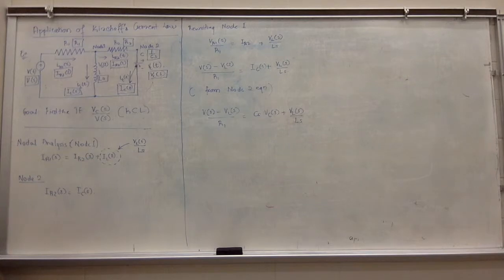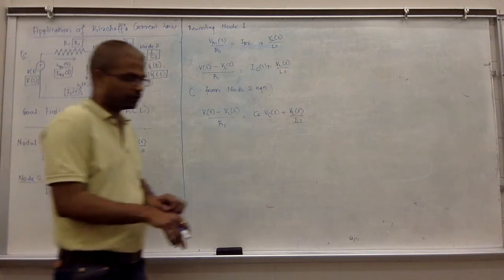For the second mesh, the sum of all is equal to 0, so you add VLS plus VCS plus the voltage at R2. The sum of all will be equal to 0, because there is no applied voltage.